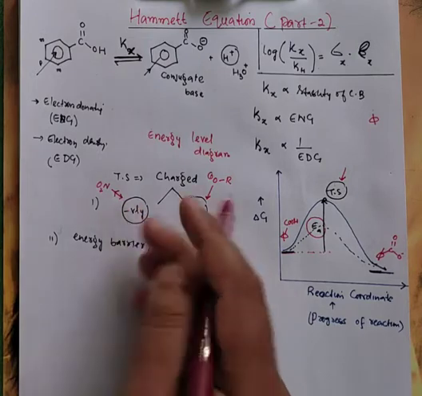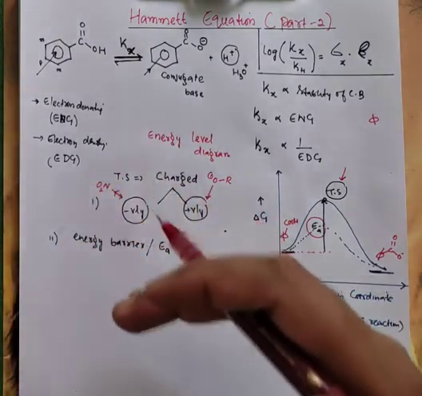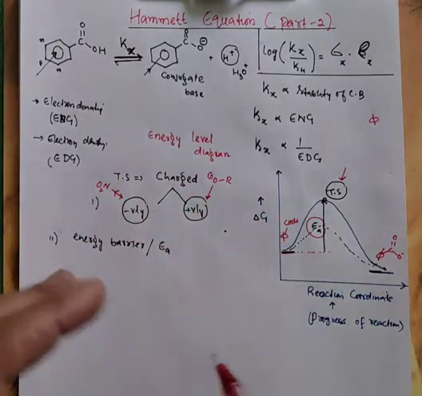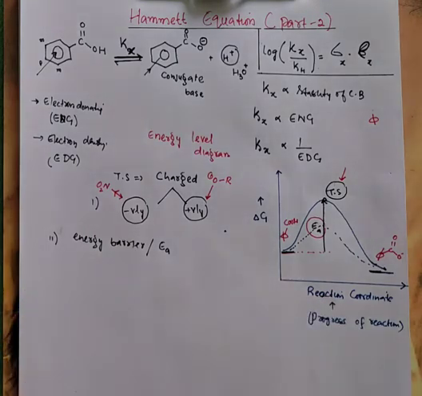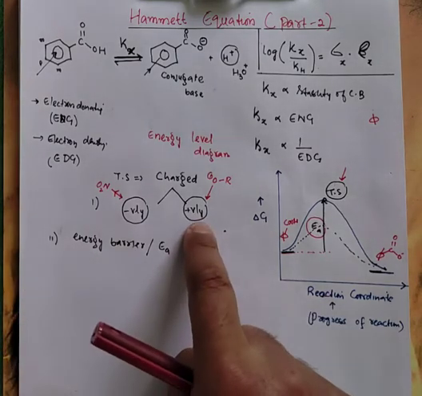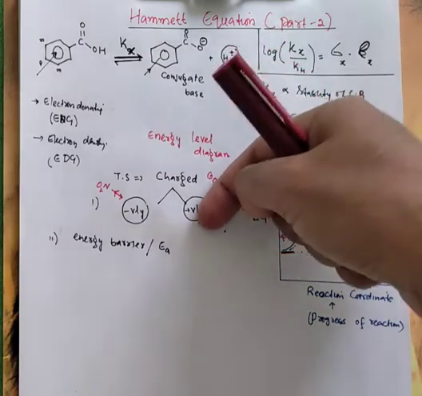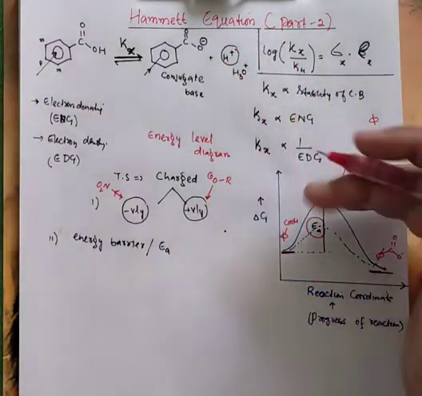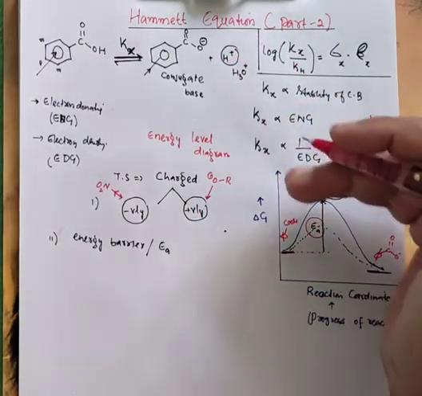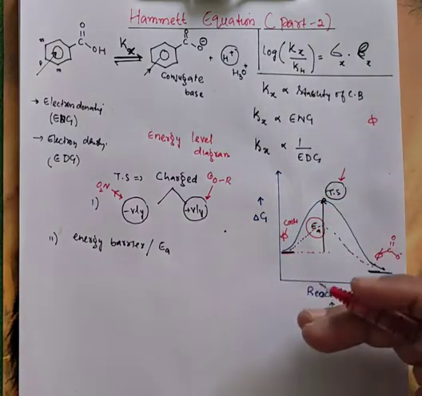What does withdrawing do? It will remove the negative charge density. It will bring this towards the neutral state. So we want to remove the charge. That means if the transition state is positively charged, electron donating groups will stabilize it. When it becomes stable, the energy comes down, the energy barrier becomes less.